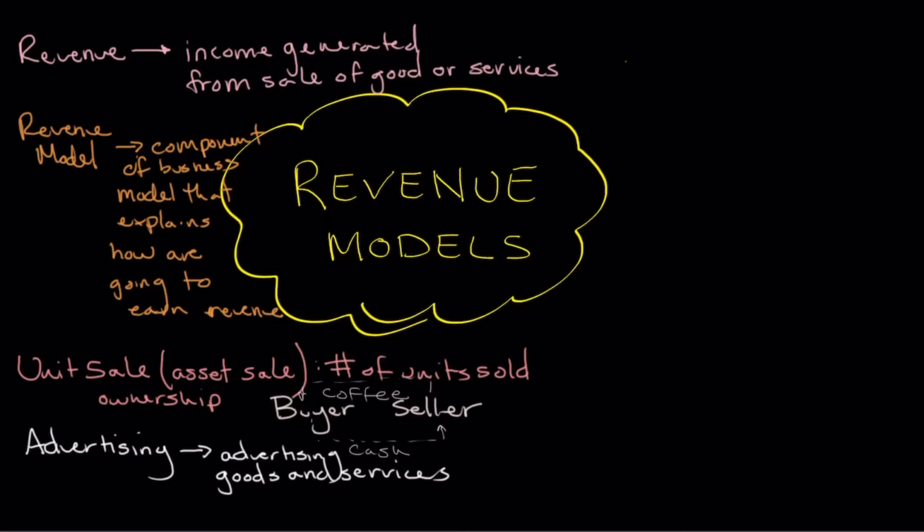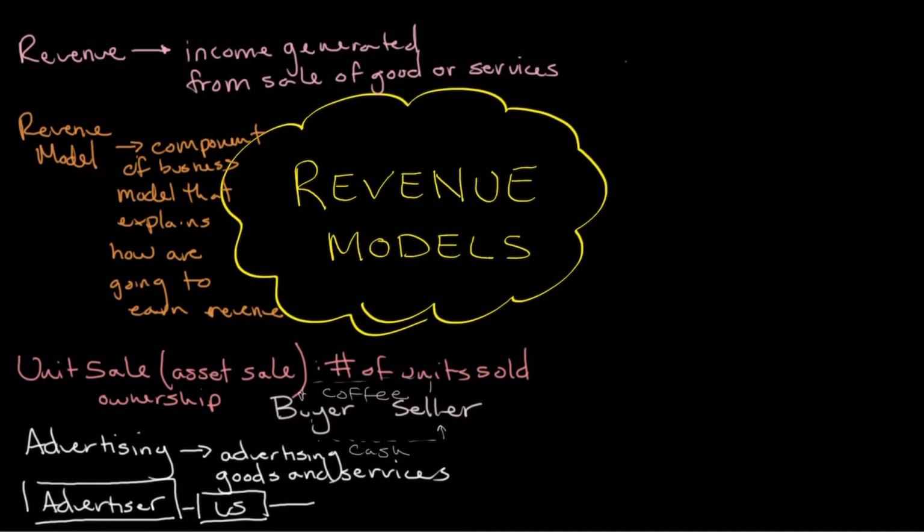So let's say that this is us right here. And then we have an advertiser. This would be someone who has a particular ad that they want to show and they want to reach people.